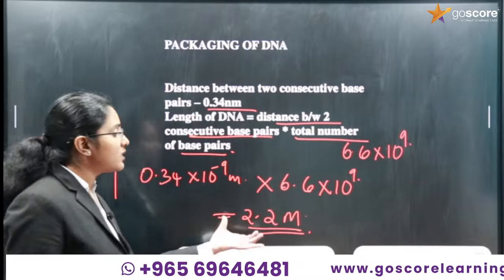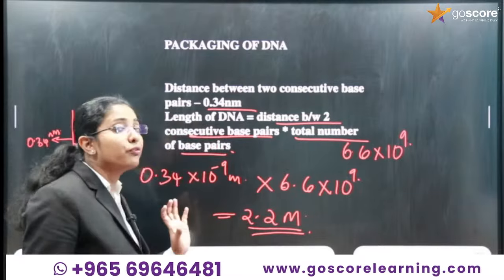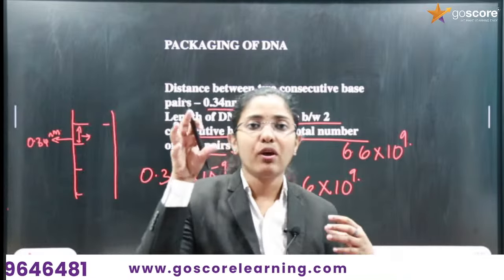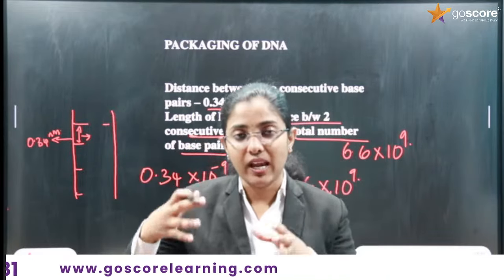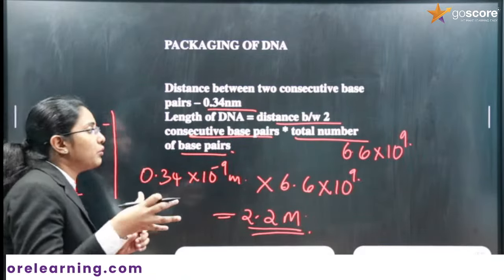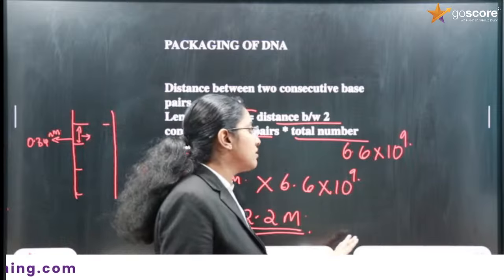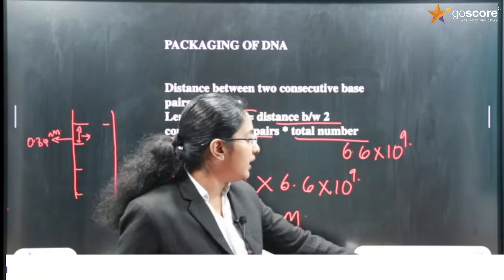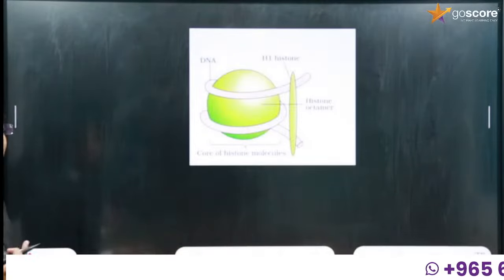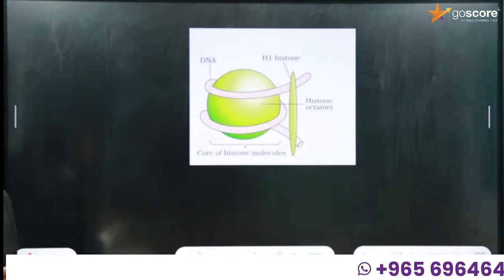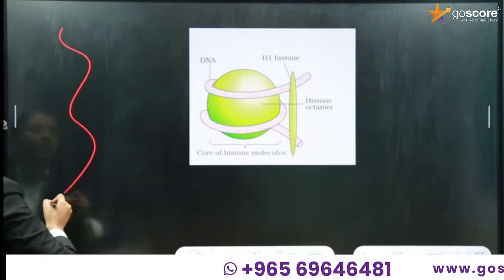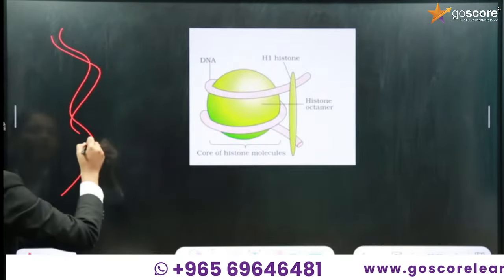So what is the length of a DNA? The number of base pairs present in it is multiplied with the distance between two consecutive base pairs. Now, how is the DNA being wrapped or coiled? The polynucleotide is very long.